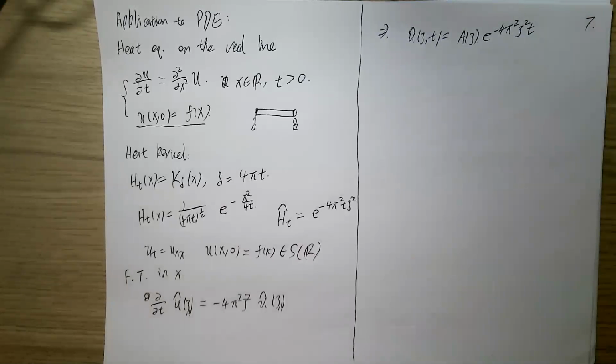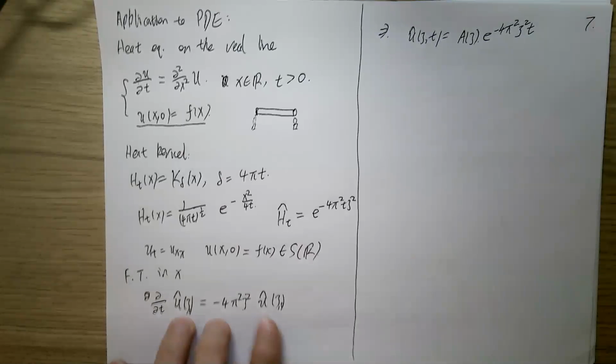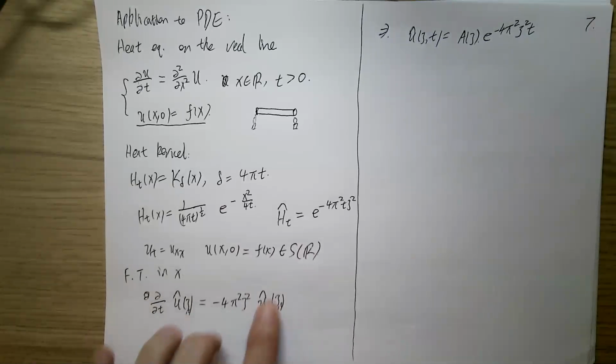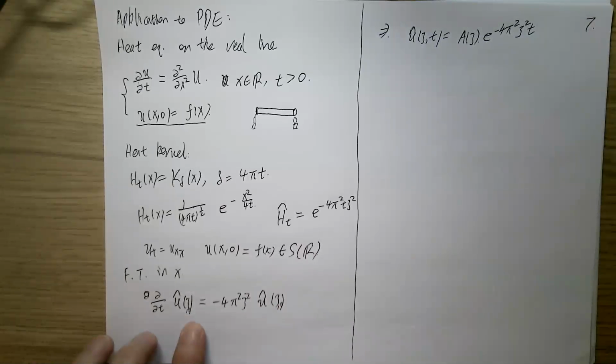This is an ODE. I believe everybody knows how to solve this ODE, right? You divide both sides by u hat, and then take the integral in t. On the left hand side is minus 4 pi squared xi squared t, and on the right hand side is log u hat of xi, and here you might have plus some constant. So you should have this as your solution.